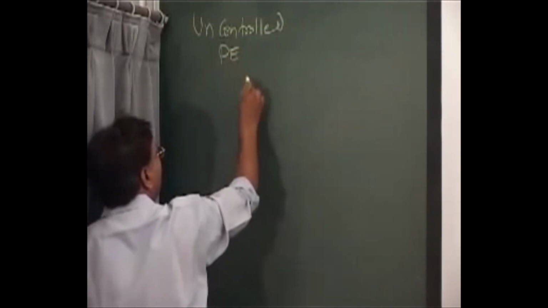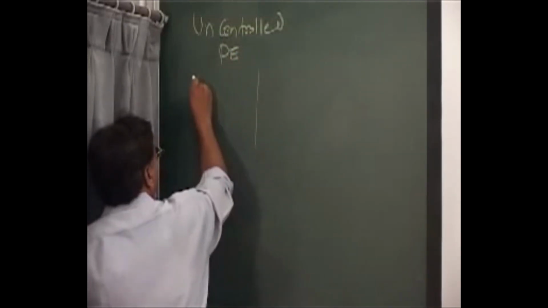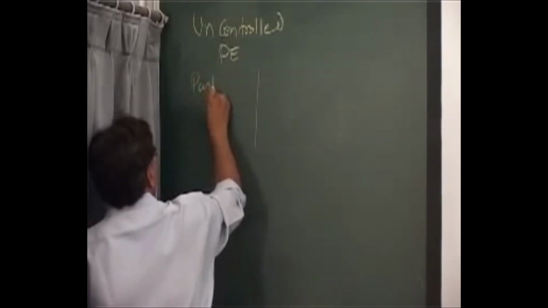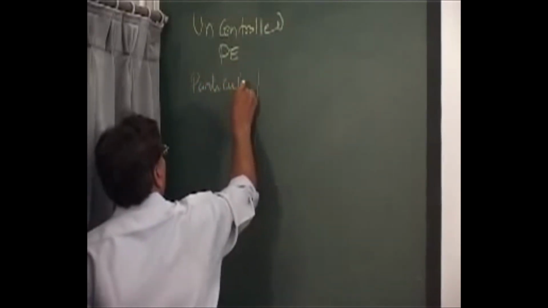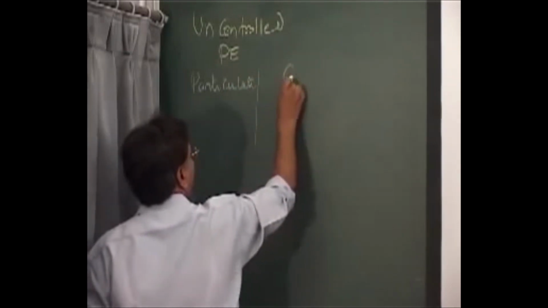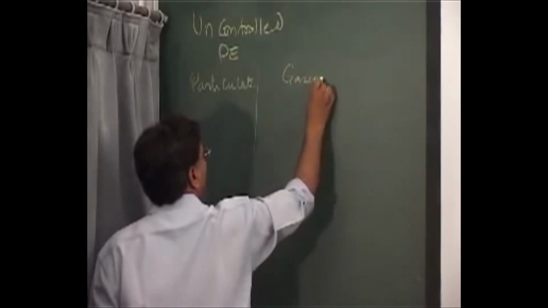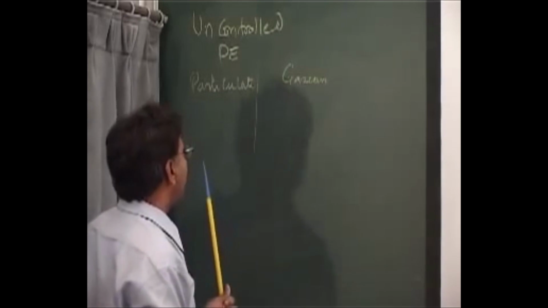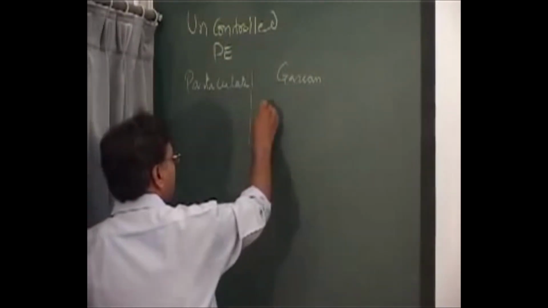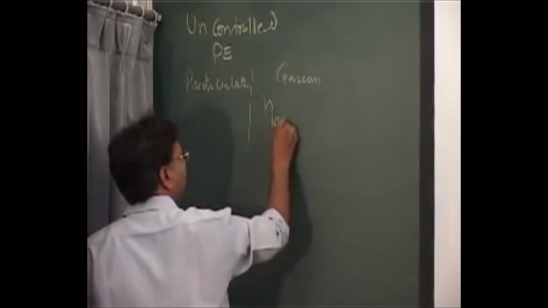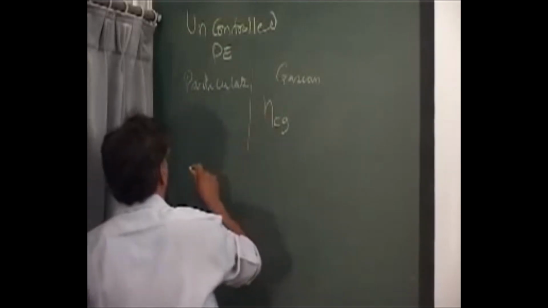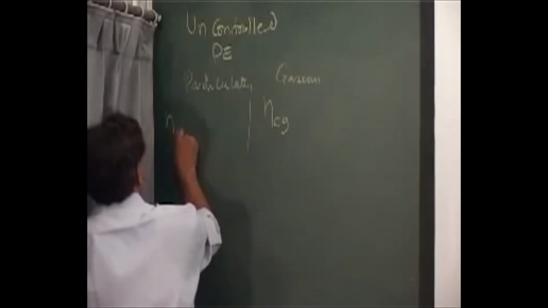I am talking about controlled primary emission, let us say the particulate side, and let us say I write the gaseous side. It depends on the collection efficiency of the gaseous, so I can write this as Cg, and here I can write the particulate.